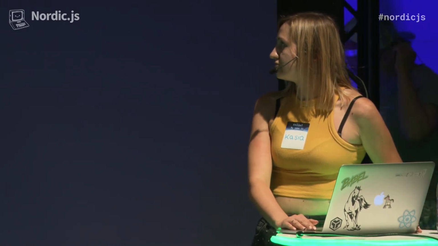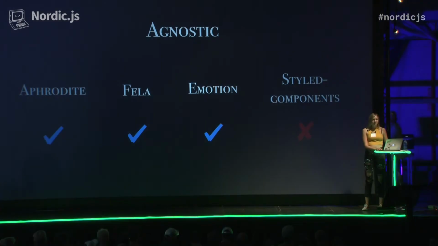If it's doable, it's better to learn once and use everywhere. It's not very possible for styled components, because styled components are prepared to work for React, and it's kind of a React-focused library. But I hope that it's going to change soon.